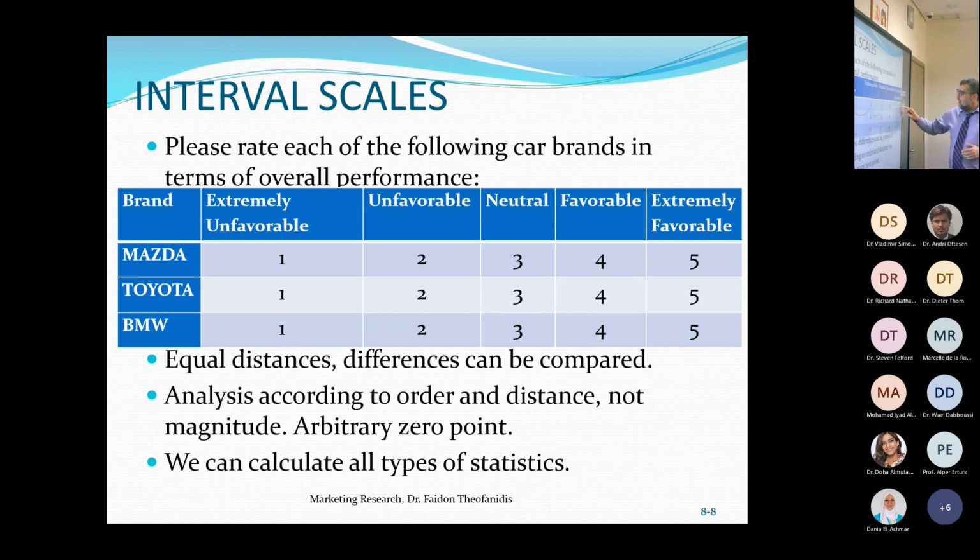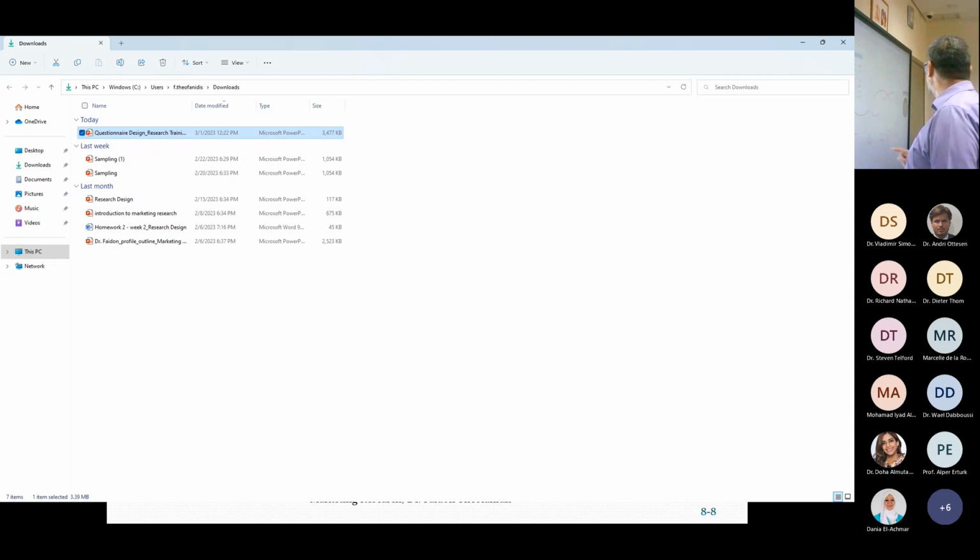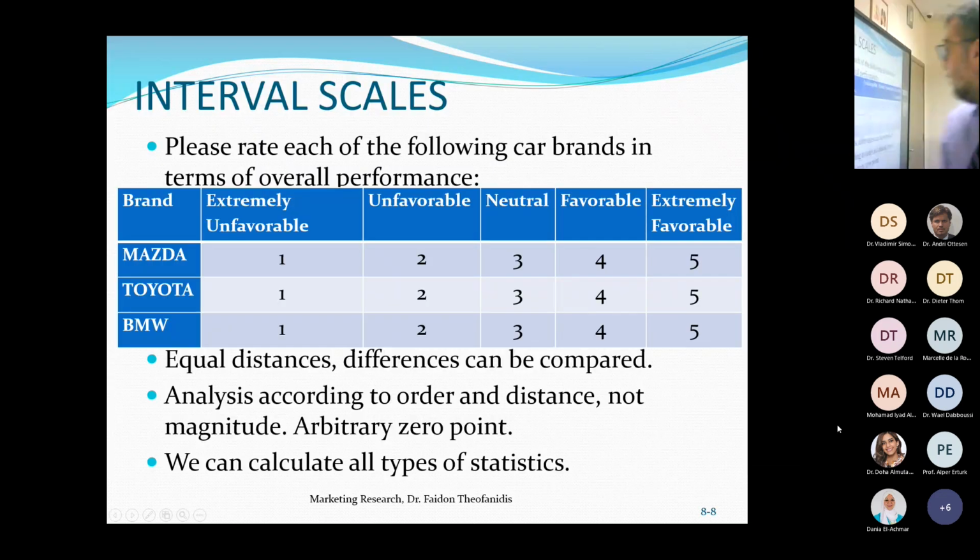So for example, you will calculate the mean. So the mean would be, let's say, for BMW 4.5. The mean for Toyota could be 2, and the mean for Mazda could be, let's say, 4.